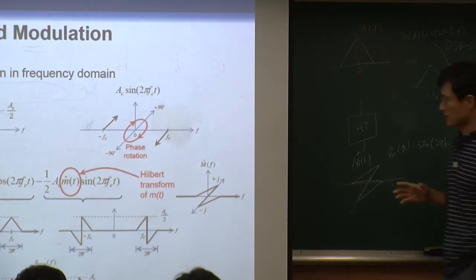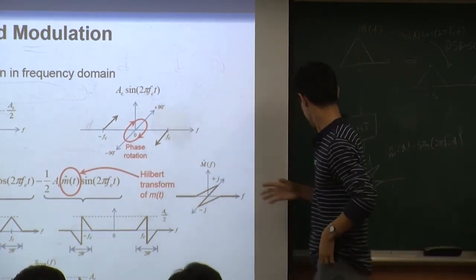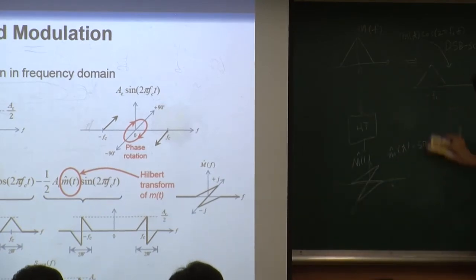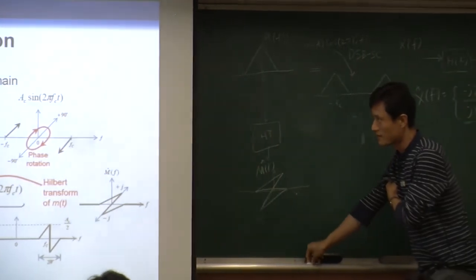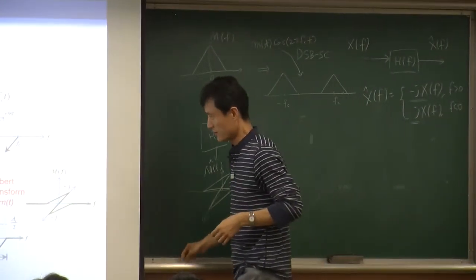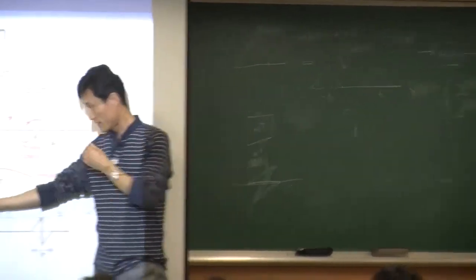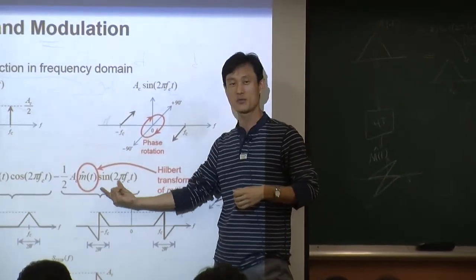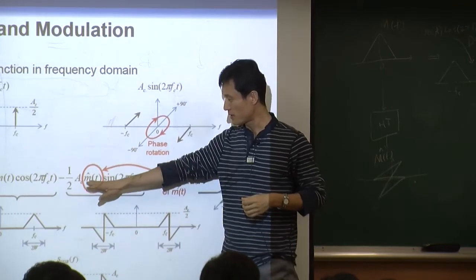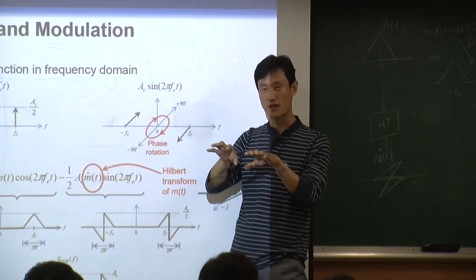No, actually, I'm sorry. No, that's not the case. Okay, let me take it back. Okay, here's what happened. Think about it this way. In time domain, we are multiplying two different signals. Multiplying this one with this in time domain.